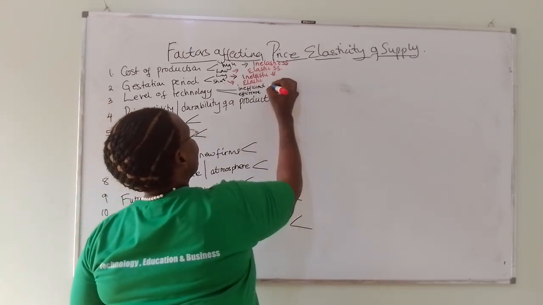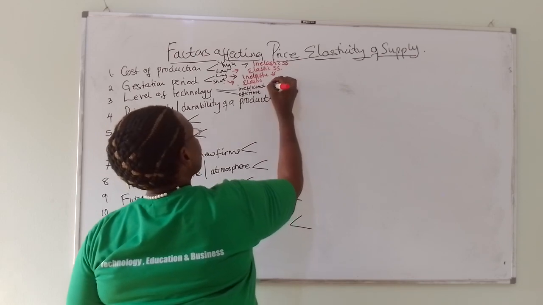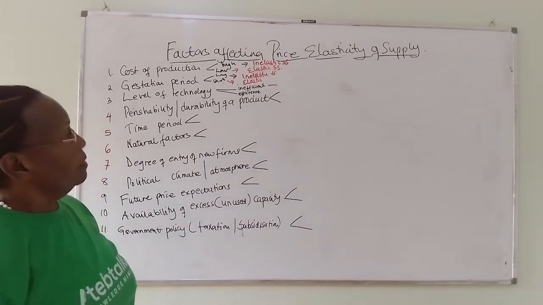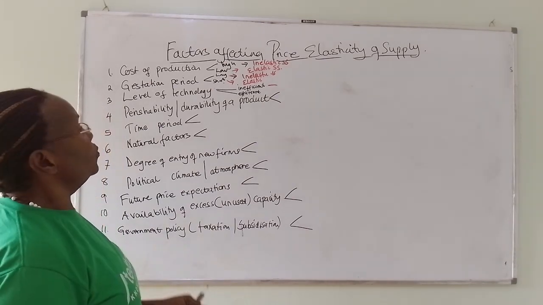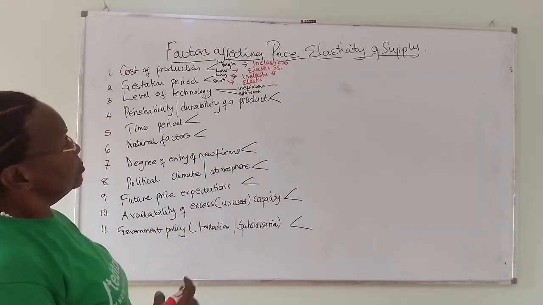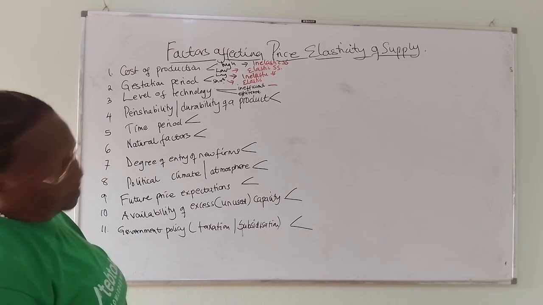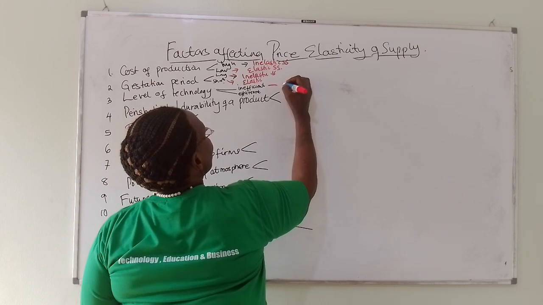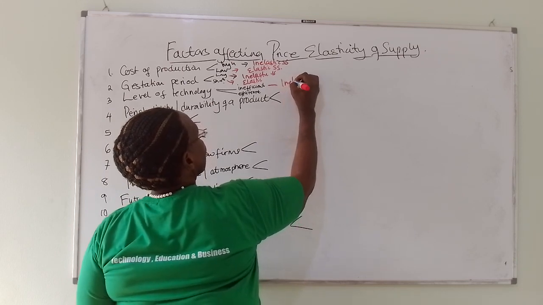Definitely, where it is inefficient, you find that it is not going to be easy to increase the supply because it is slow, it is outdated, it keeps on breaking down now and again, so supply cannot be increased, which makes the supply to be inelastic.